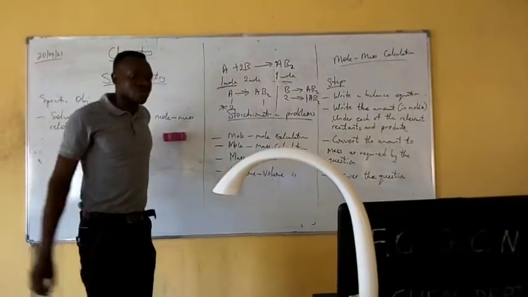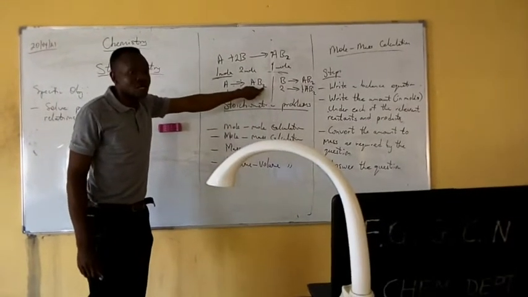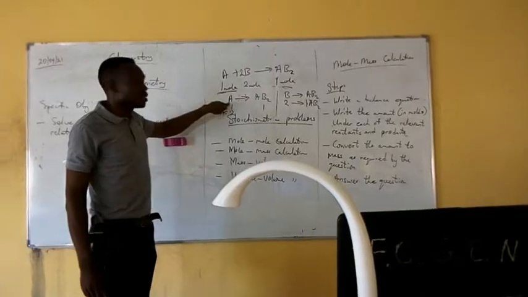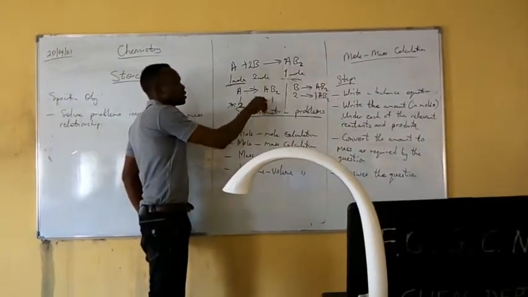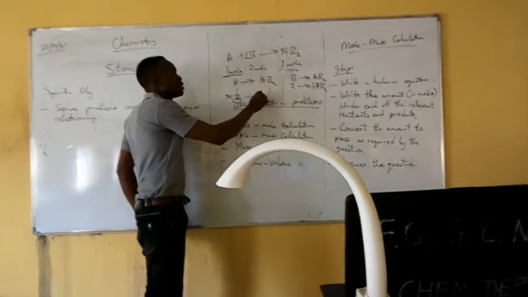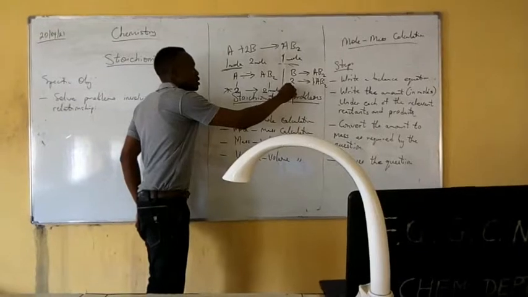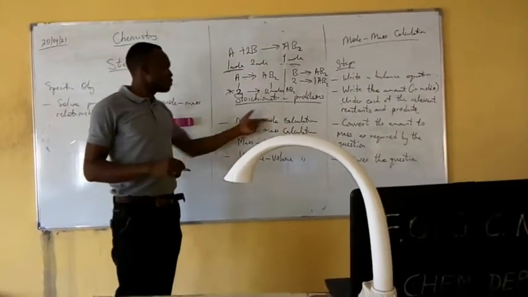So the problem we need to solve is: how many moles of AB2 will be produced if 2 moles of A are used? Here you can see it's 1:1. Definitely we'll be producing the equivalent amount of 2 moles of AB2. So there's no more problem when we talk about mole calculation.